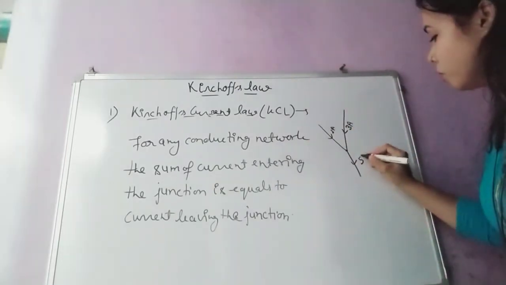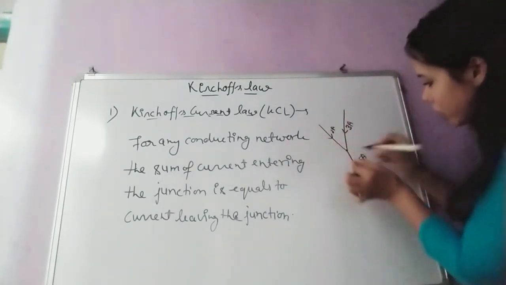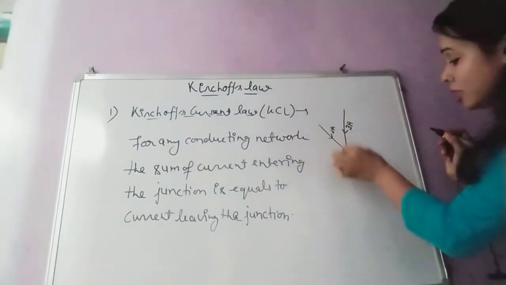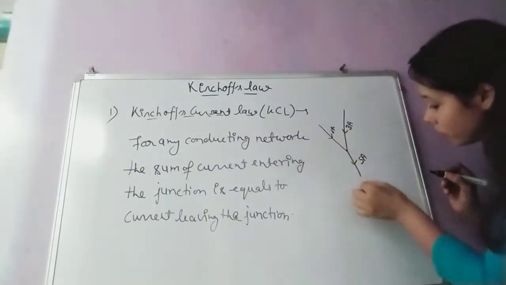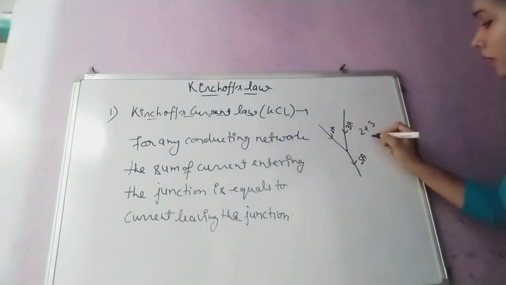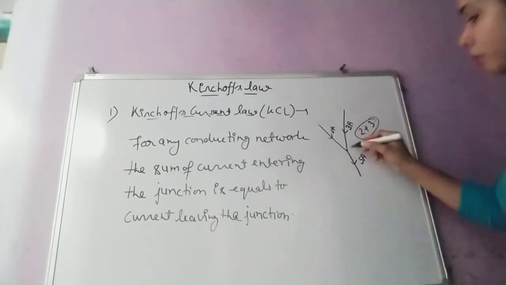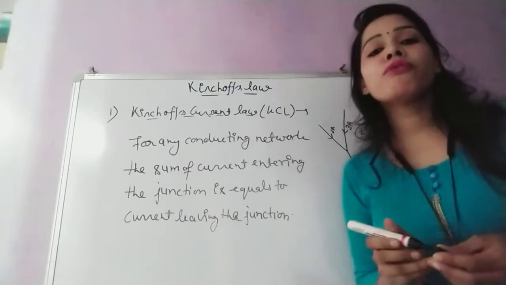So it will be 5 ampere. Understood? So the current entering the junction is equal to the current leaving the junction. So 2 plus 3 must be equal to the current leaving this junction. So this is the first law.